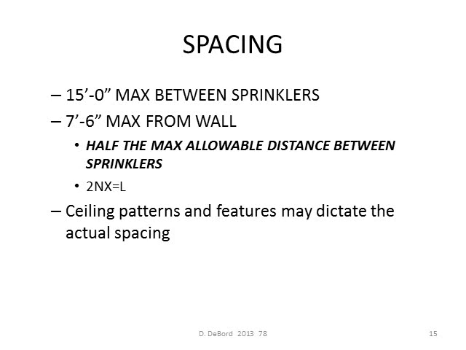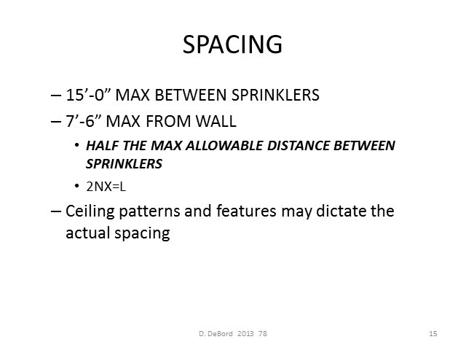Spacing for sprinklers should normally be 15 foot maximum between sprinklers, 7 foot 6 maximum from the wall. The maximum distance from the wall is half the maximum allowable distance between the sprinklers.